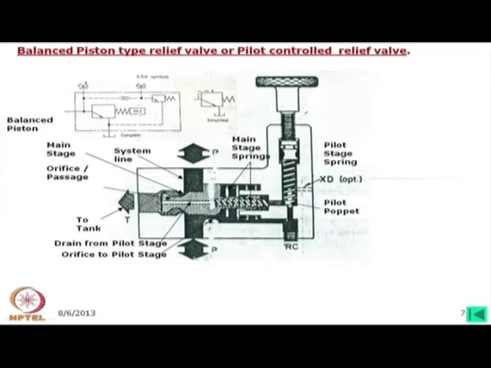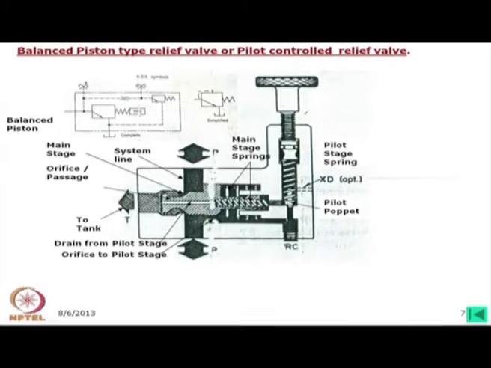Now, suppose I tighten this, then what will happen? The set pressure will change. This means that the valve will be able to work at a much higher pressure than this, because we have tightened this one and changed the set pressure.